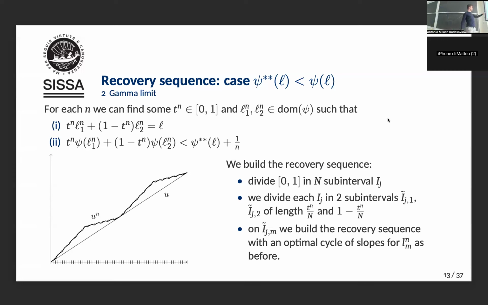In this way, we will build the recovery sequence through this kind of two oscillations with different frequency. The bigger oscillations are the ones of the slopes ℓ1 and ℓ2, so the piecewise affine function. And then the microscopic oscillations will be given by the optimal oscillations for the slopes ℓ1 and ℓ2.